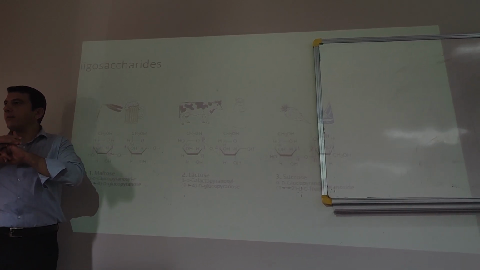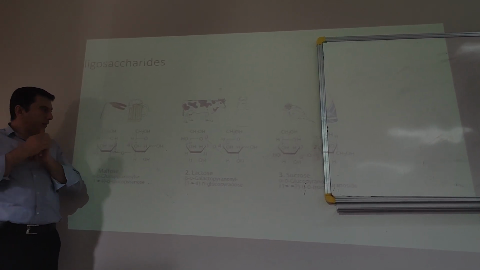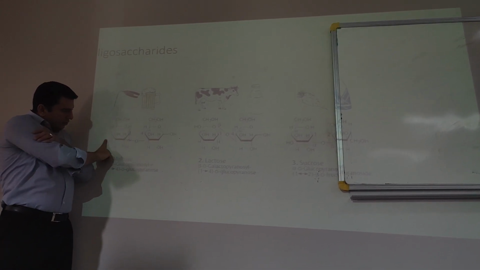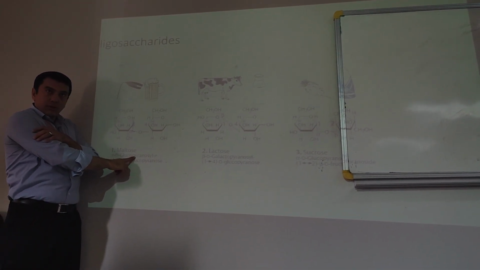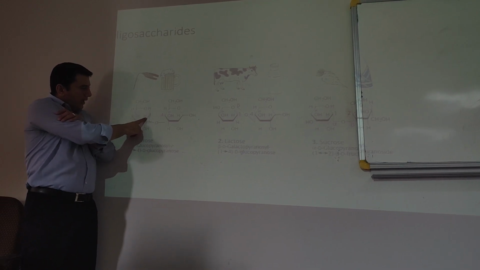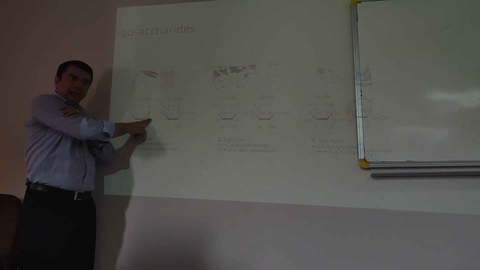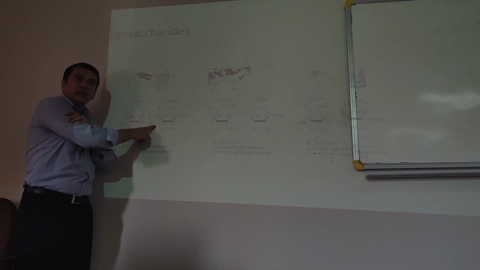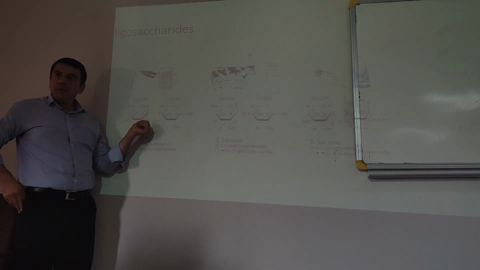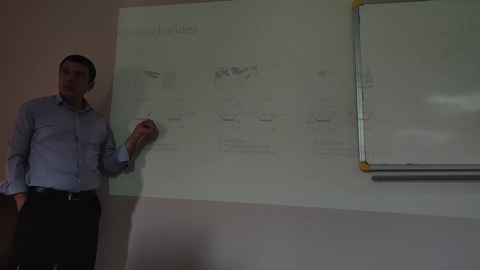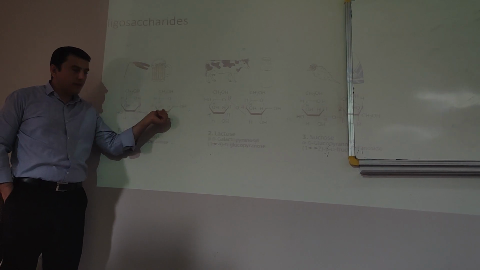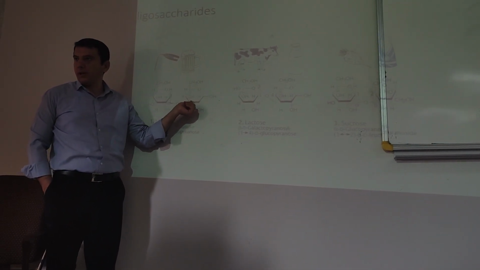Anomer carbon is carbon number 1. For this one, as you can see here, this sugar, which is glucose, has an anomer carbon which is not free, because the OH group is in the linkage with the other sugar.